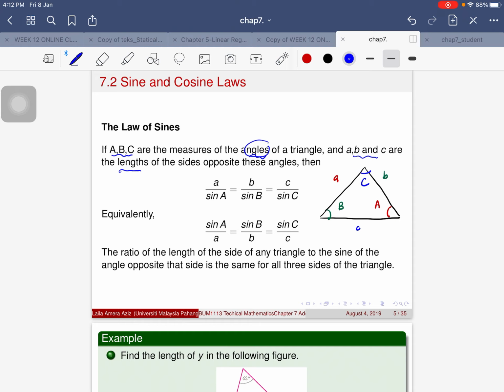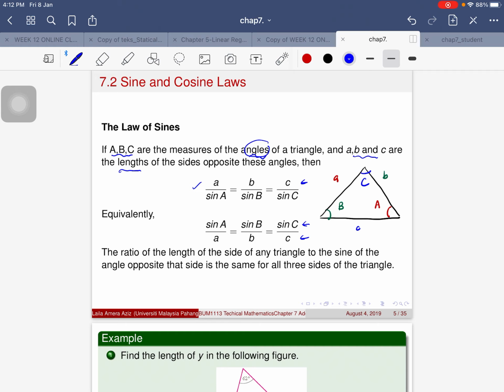Then we have the equation a over sine A equals b over sine B, and equals c over sine C, or equivalently, instead of putting all the lengths at the top, you can also put the lengths at the bottom, and the angles go on top, in terms of a sine function. Whether length at the top or angle at the top, both are equivalent. You can use both of them.